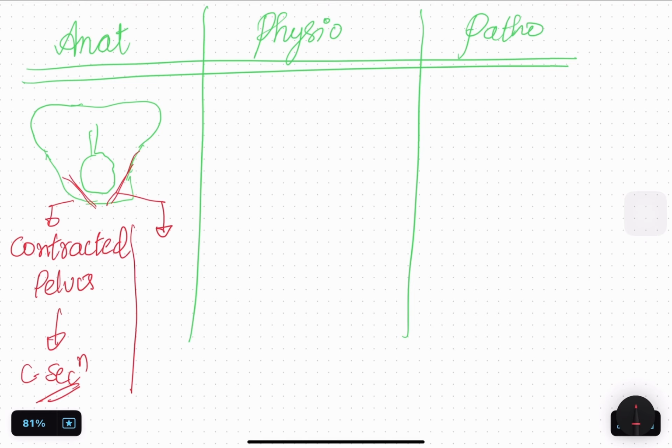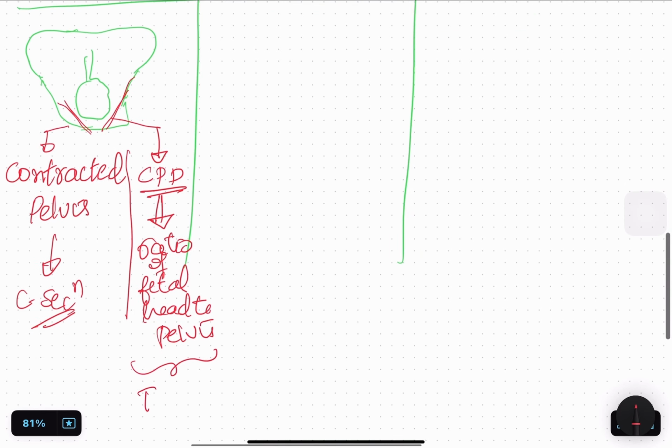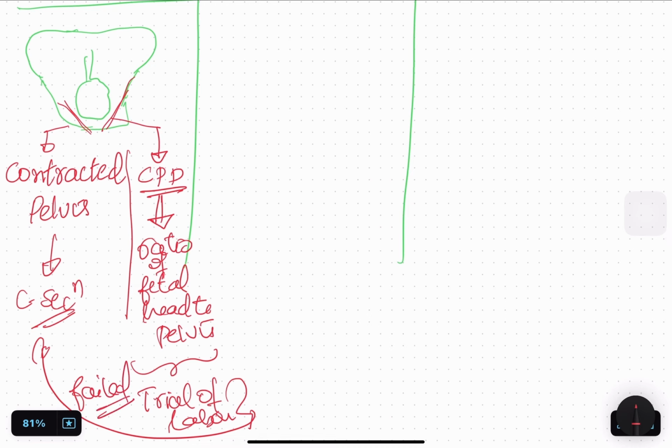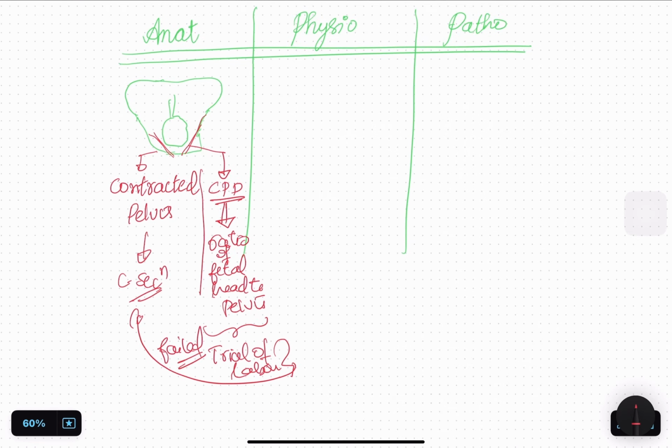In CPD, the problem is the ratio of fetal head to pelvis, so try for a trial of labor. If failed, then go for C-section. Make sure you know that CP is different and CPD is different. That's the major thing I want you to know.